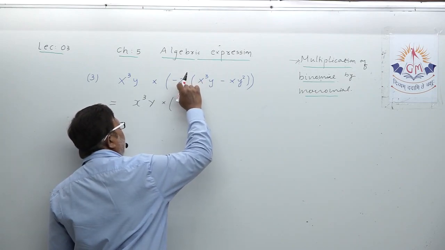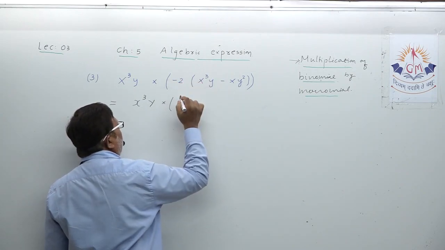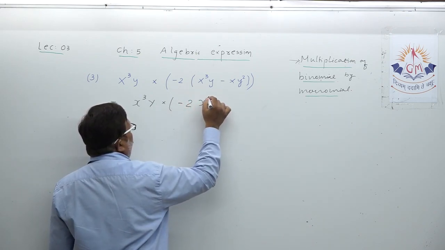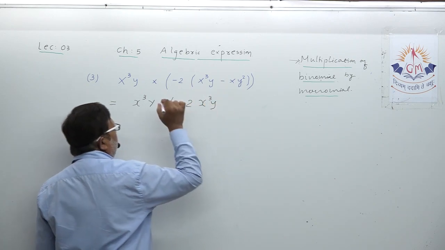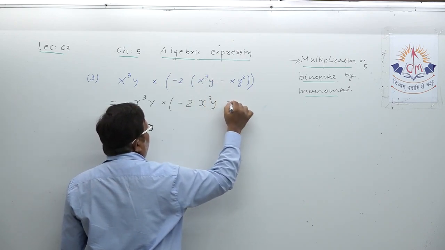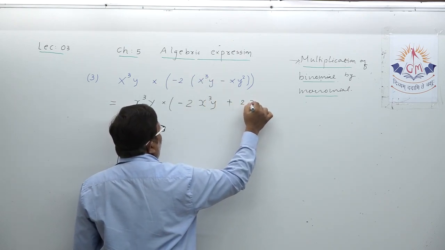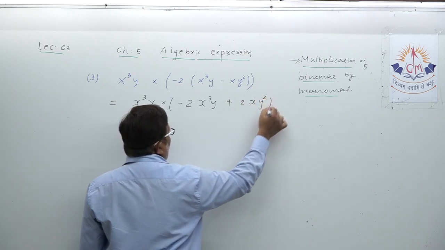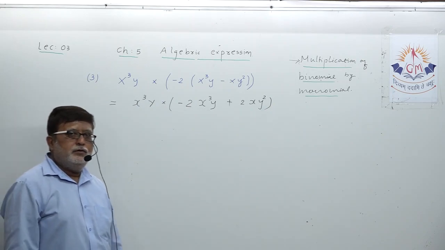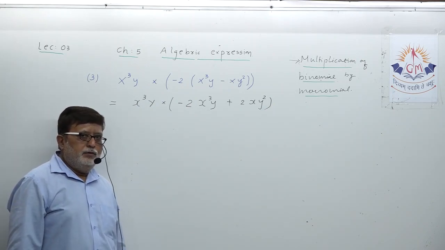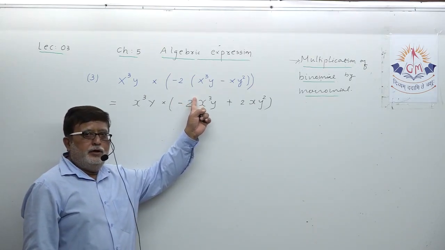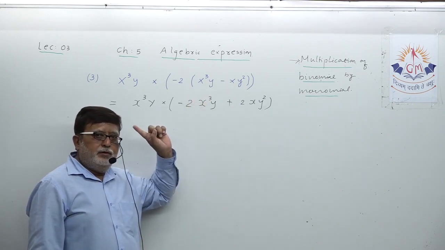I will multiply minus 2 with this. Okay. So this will be minus 2x cube y. Is it clear in your mind? Then minus minus plus 2xy square. So dear student, try to understand the first step which we have done here. I have just taken care of opening the bracket only.